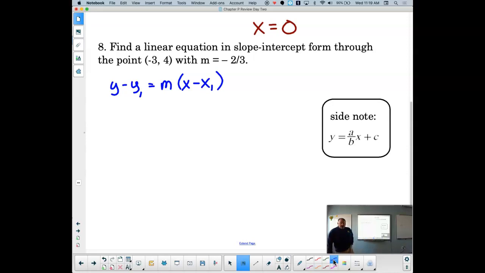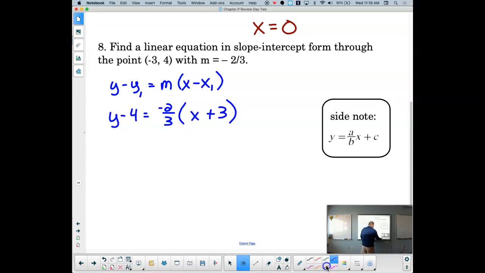Okay, first off, so that would be y minus 4 equals negative 2/3 times the quantity x minus negative 3. So we'll call that x plus 3.